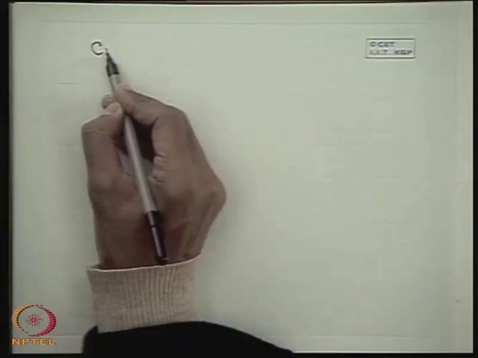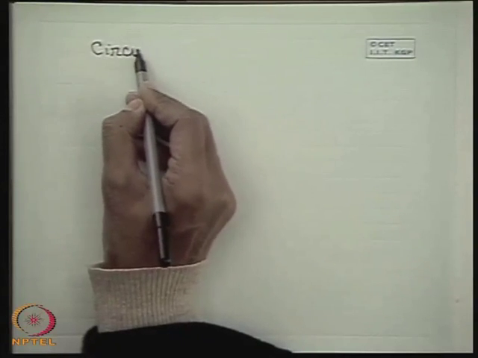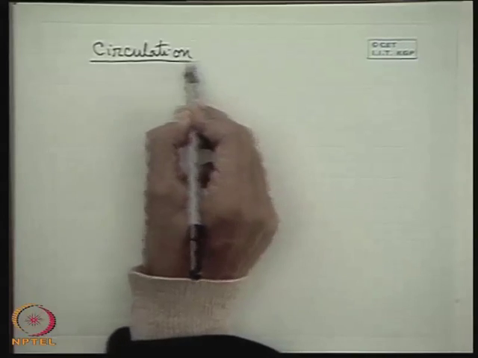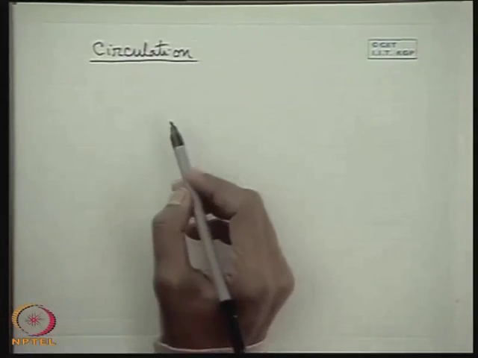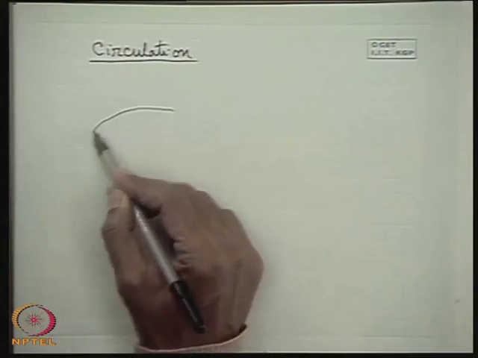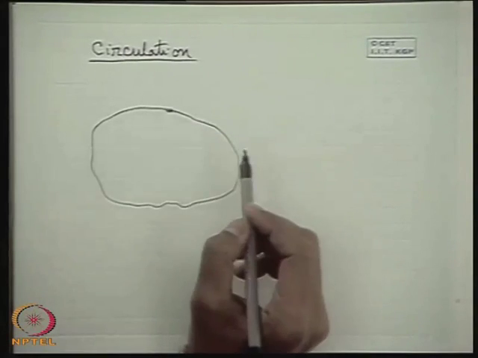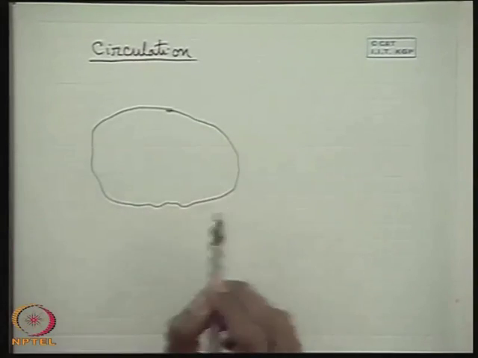Now we come to the concept of circulation. What is meant by circulation? Let us consider in a flow field a closed loop bounded by a closed contour.